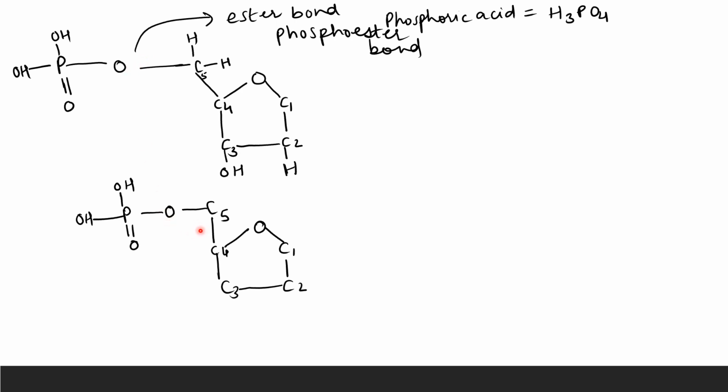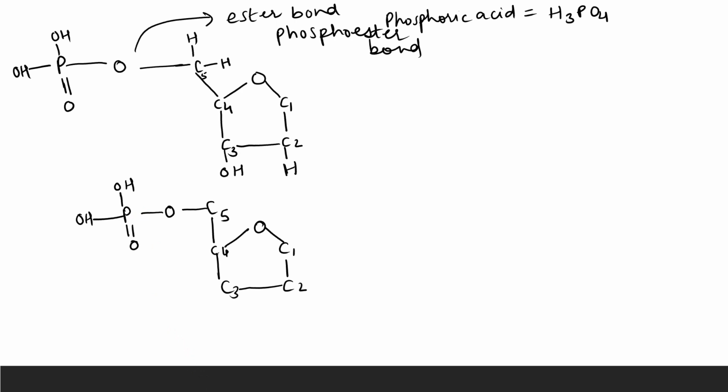Now what's happening here? The reaction is happening between the C3 carbon and the phosphate group of the second nucleotide, right? So now the reaction will occur between these two.